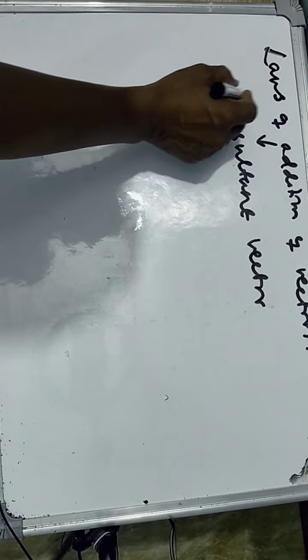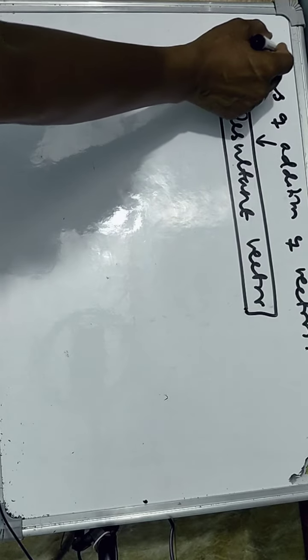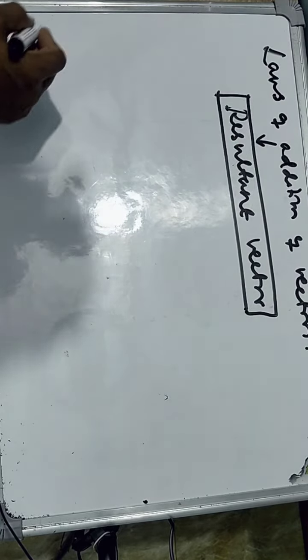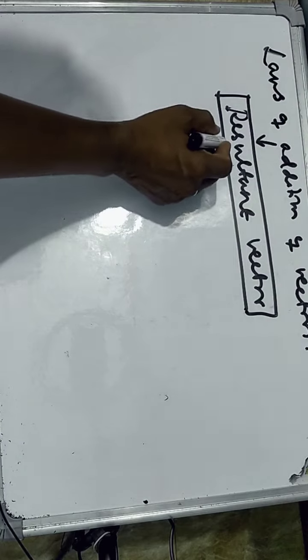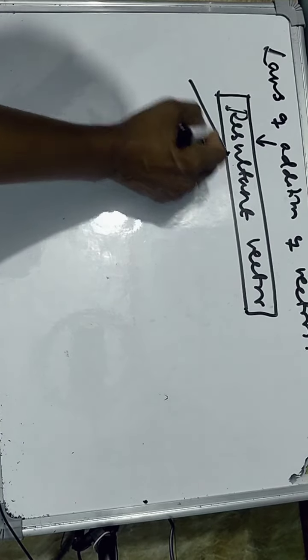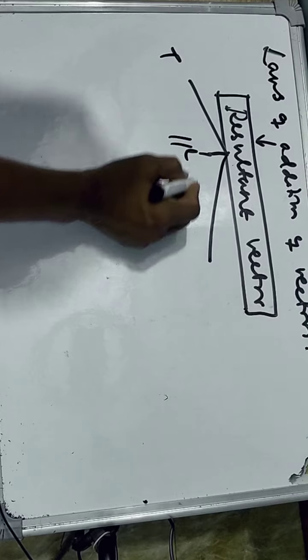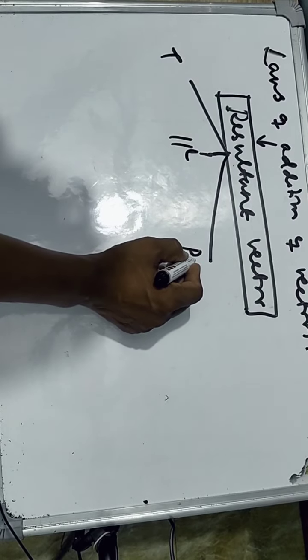This resultant vector can be found out using laws of addition of vectors. In this we are using three laws. One is laws of triangle, there is laws of parallelogram, and another is laws of polygon.